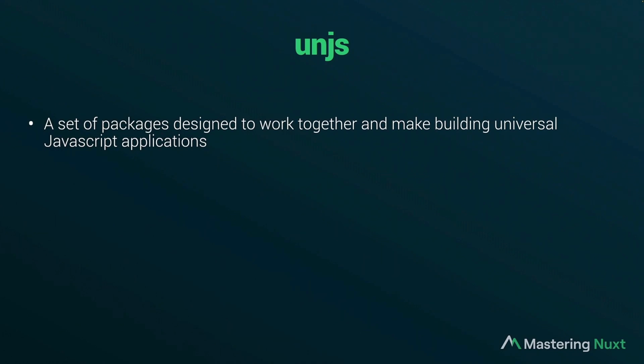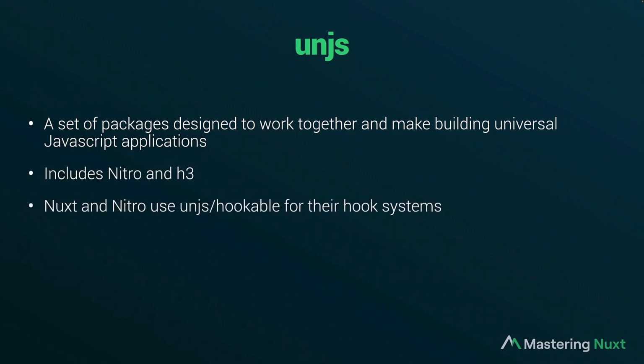But in general, UnJS is a collection of different packages that are just for helping us to make JavaScript applications in general. One package that we haven't looked at is the hookable package. So in Vue, we've got lifecycle hooks that let us create these sort of plugins to extend how Vue works.